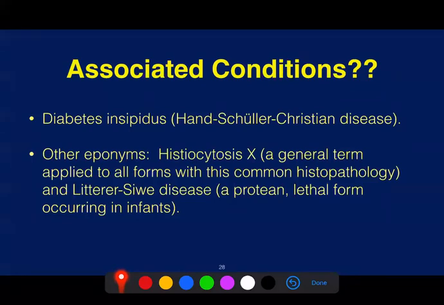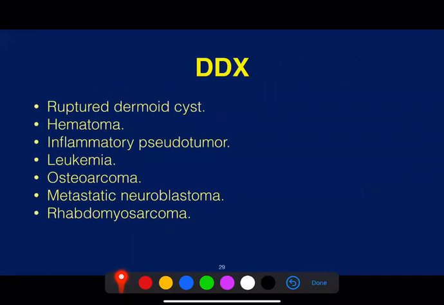This is the lethal form. There are reports in older patients than infants, but typically it presents in infants. That's why I was looking for this answer. So for the differential diagnosis, Dr. Anwar, inshallah, she highlighted most of the differentials.